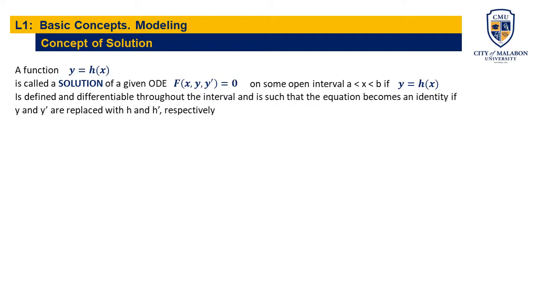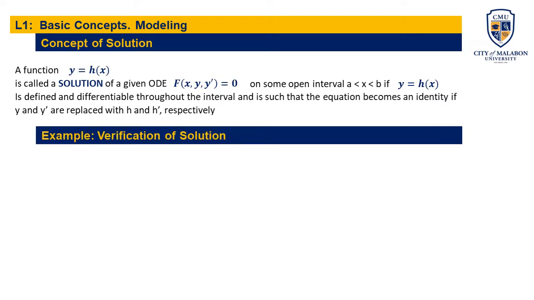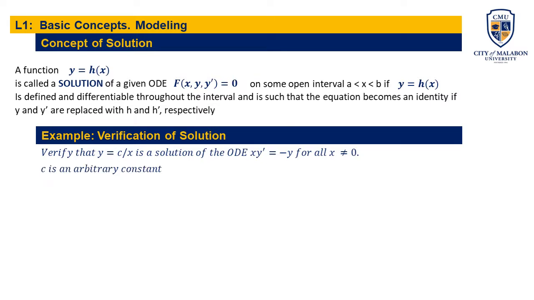But then let's illustrate or further explain the concept of a solution with this particular example. Let's verify a solution. Verify that y is equal to c over x is a solution of the ordinary differential equation x y prime is equal to negative y for all values of x not equal to 0, and c is an arbitrary constant.